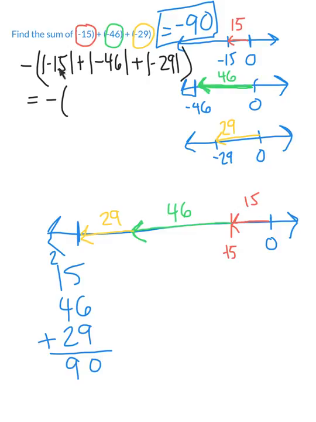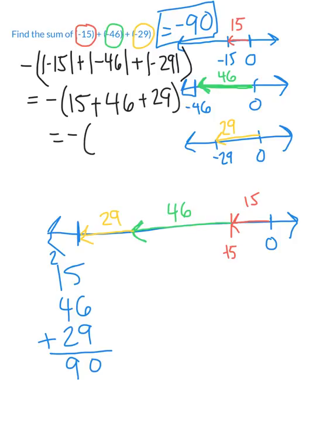So the absolute value of negative 15, remember, is just 15, plus the absolute value of negative 46, which is just 46, plus the absolute value of negative 29, which is just 29.